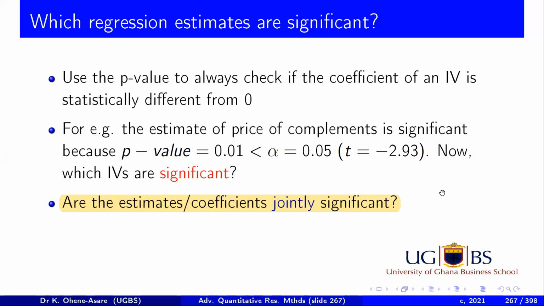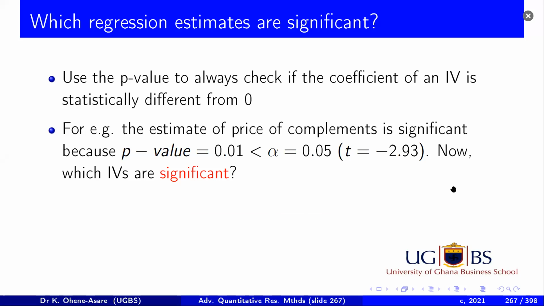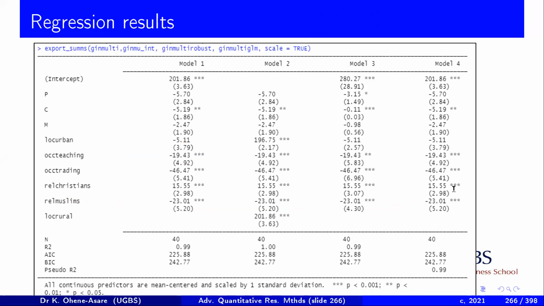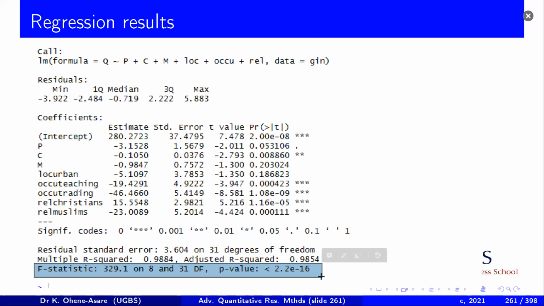If you want to determine whether they are jointly significant, you just check the F statistic, the p-value for the F statistic. Look down here, you will see the p-value for the F statistic. First of all, the F statistic is 329.1 on 8 independent variables and 31 degrees of freedom.